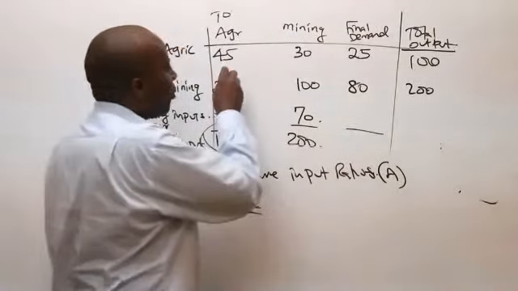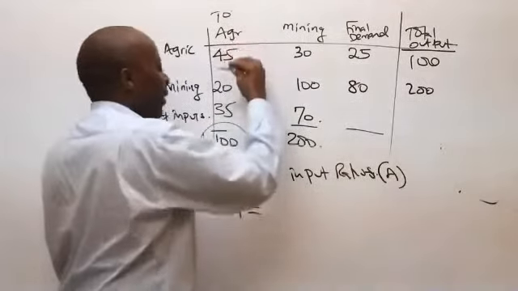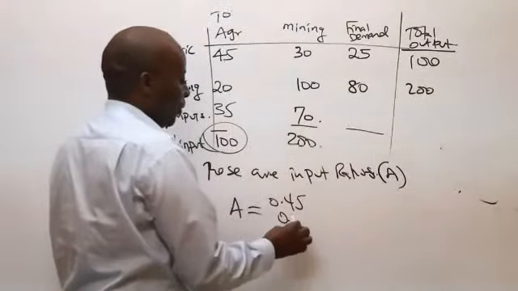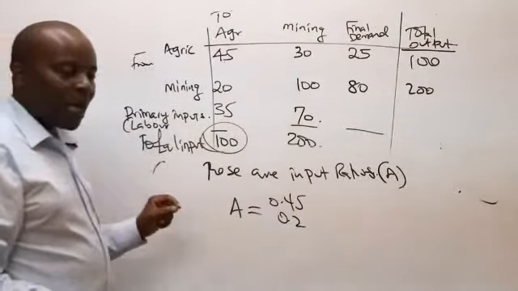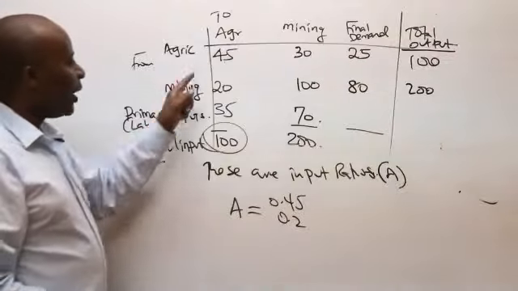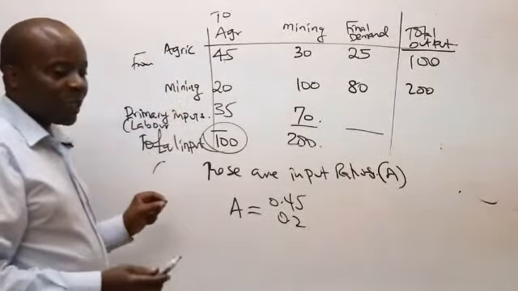Like now here we'll talk of 45. So the input ratios of agriculture will be 0.45 and 0.2. Remember, in input ratios, we only capture information about sectors. We can't have an input ratio of the primary inputs. It is only between sectors alone.